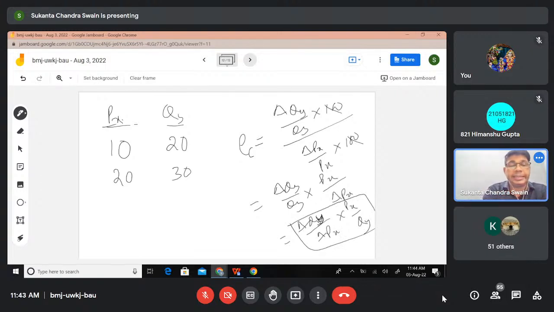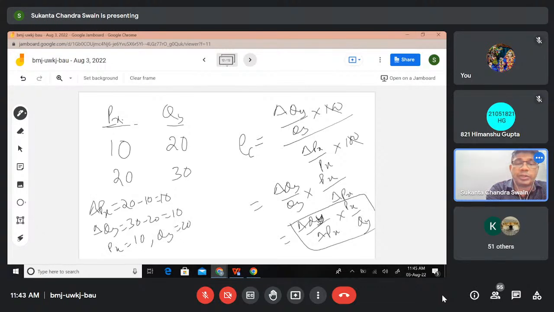So accordingly, your del Px will be 20 minus 10, which is equal to 10. Del Qy will be 30 minus 20, which is equal to 10. Px is equal to 10, Qy is equal to 20.